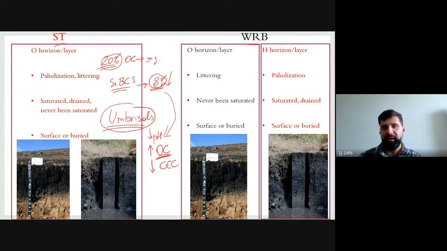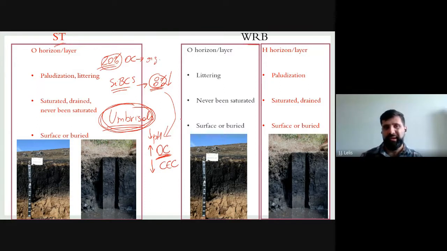If you have at least 0.6% of organic carbon, you could be identified as an umbrasol. And they host a lot of the organosolos of the Brazilian soil classification system because of the content of organic carbon.